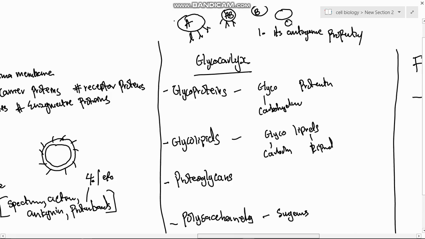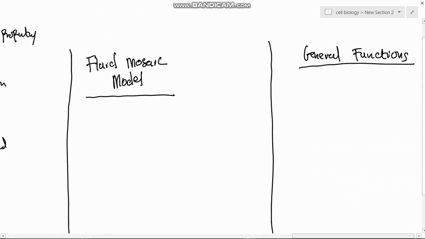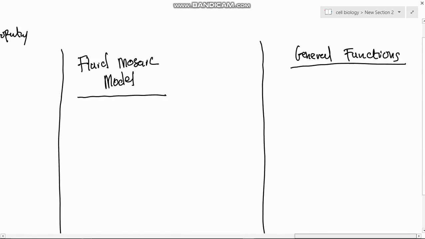Now, before we talk about the fluid mosaic model, let's do a brief discussion about the general functions of the plasma membrane. We can talk about transport and permeability.